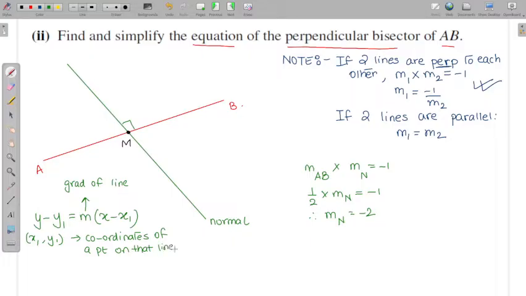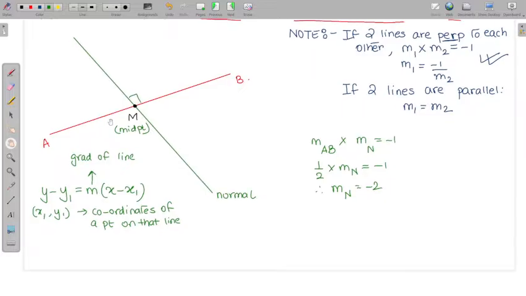If we look at our diagram, this point M, which is the midpoint of line AB, is a point which falls on this perpendicular bisector. So we have already got the value for m. We just now need the values of x1 and y1. So the second step will be to find the coordinates of M.